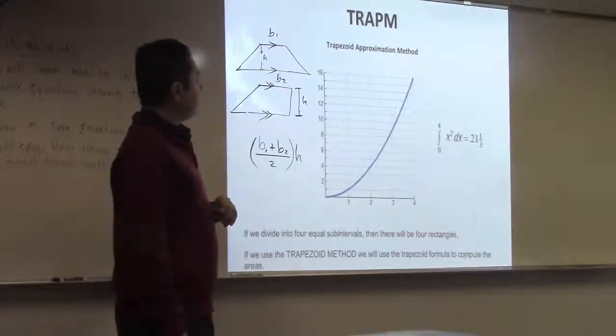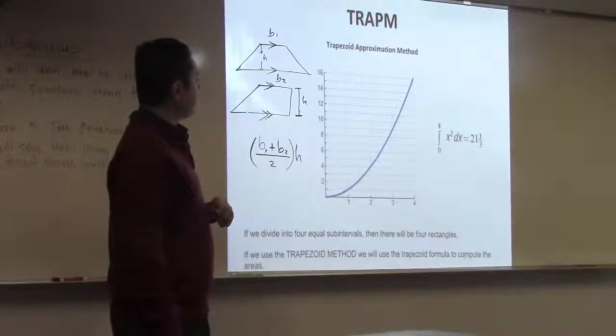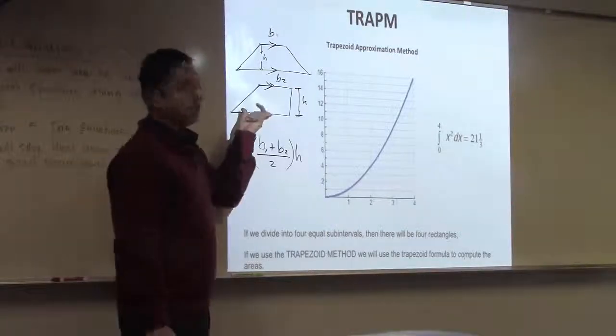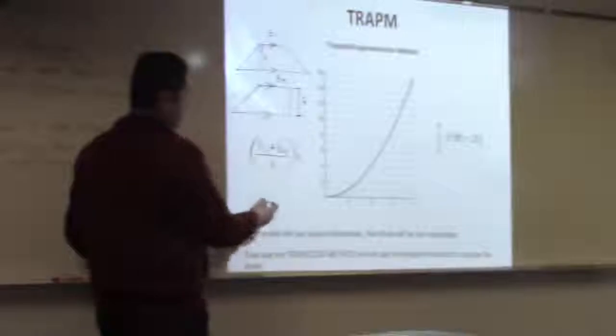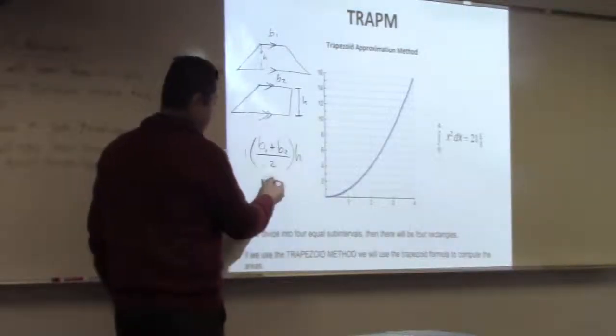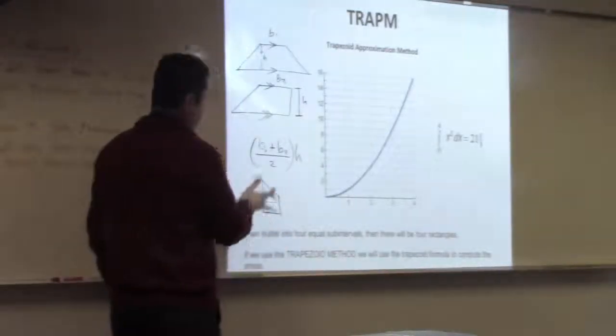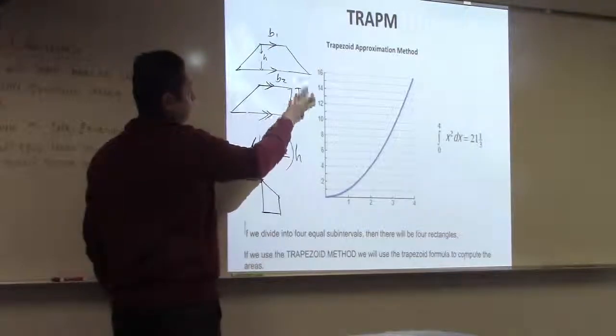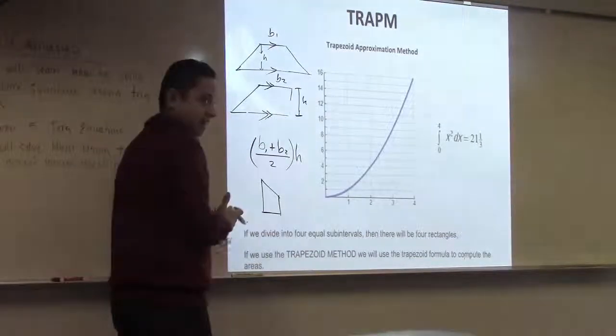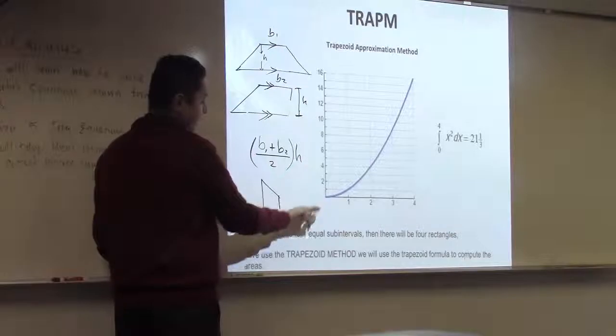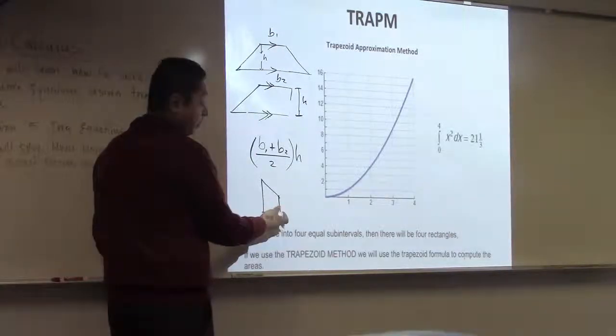Another unique thing is that the trapezoids are not going to be drawn this way. They will be drawn with the flat side, or if you call it, the height basically. The height is going to be right here on the bottom. Right?